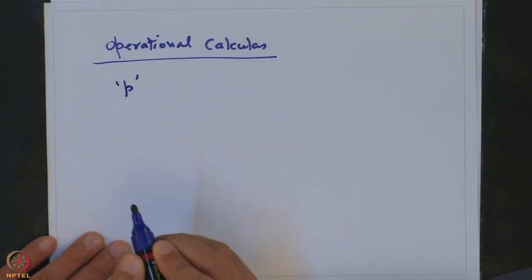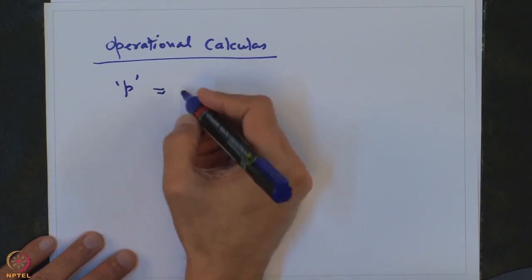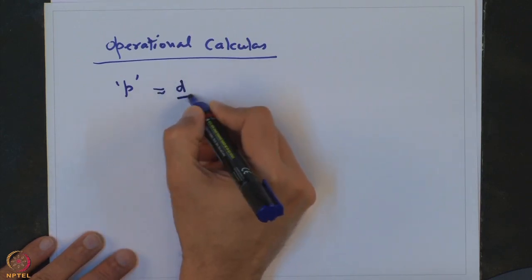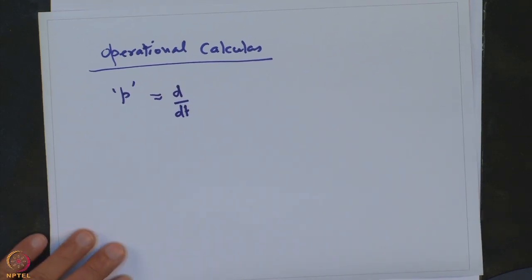So, one of the things is that there is this concept of an operator which is usually defined by P, and it actually means d by dt. So, this is also called a differential operator.